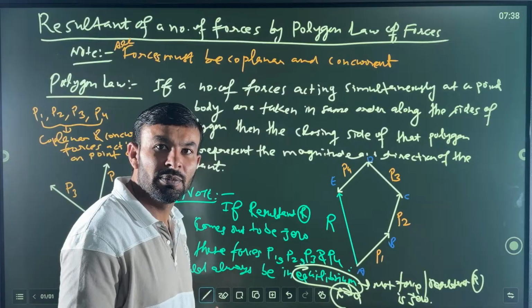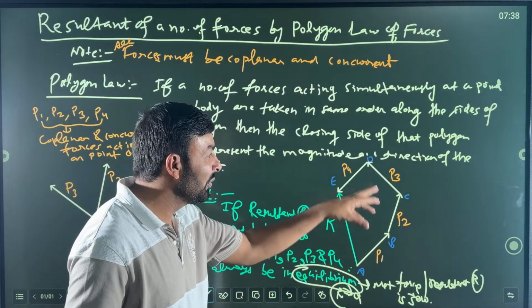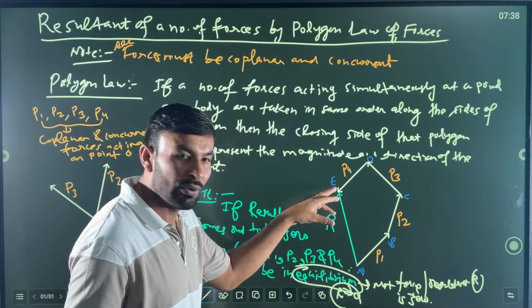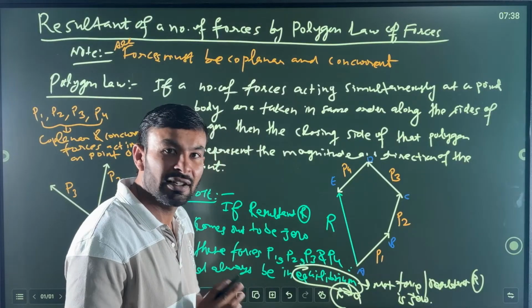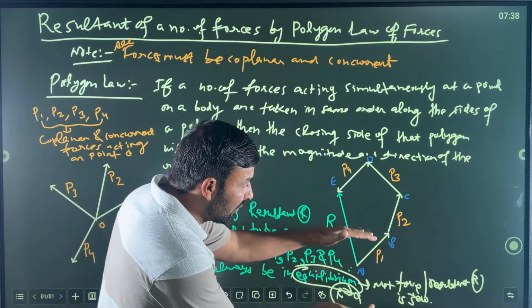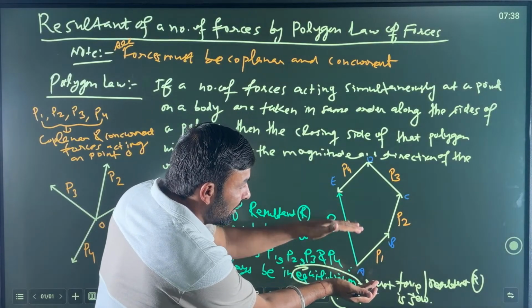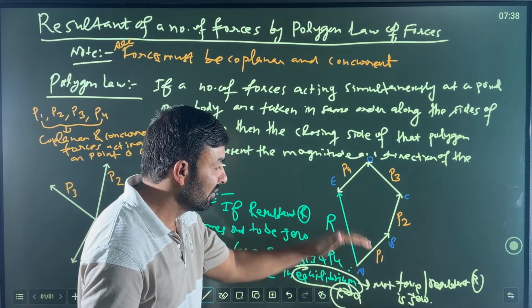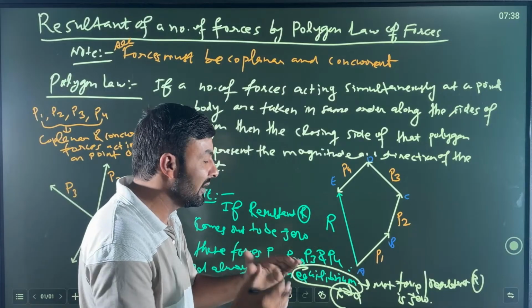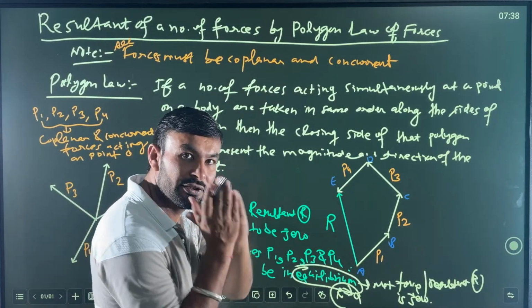E will coincide with A, R value becomes zero. E comes close to A, approaches it, coincides with it, R becomes zero, my dear friends, be careful.